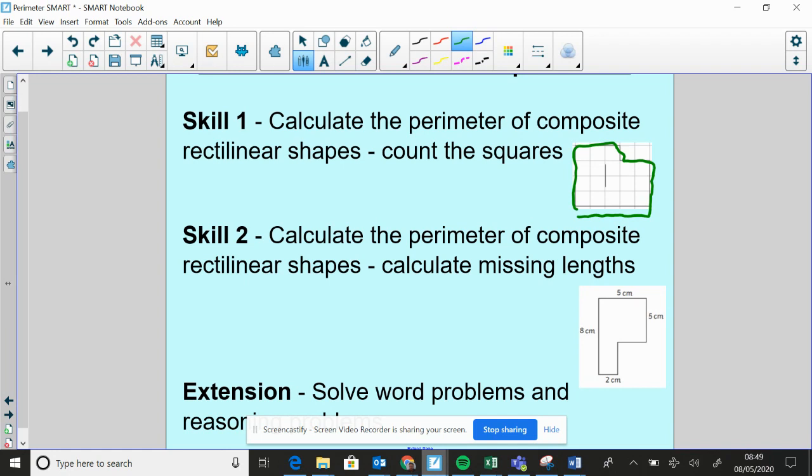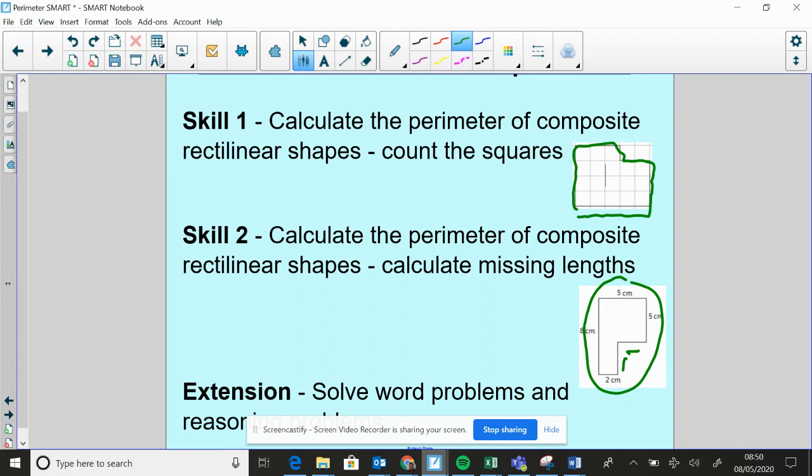Skill 2 is just like the question that we practiced just now. Like here, you'll have to find some missing values. And then the extension are some word problems and reasoning based on perimeter.